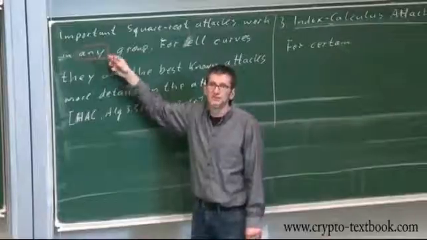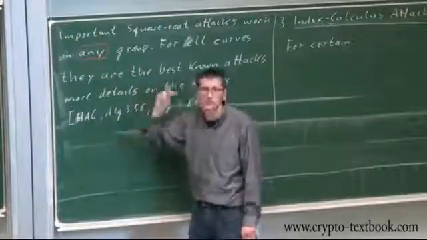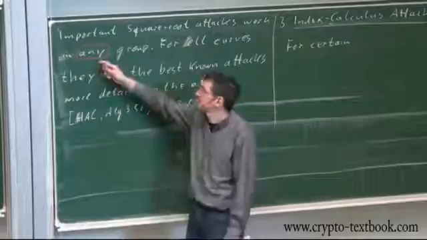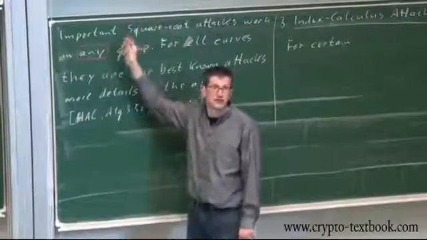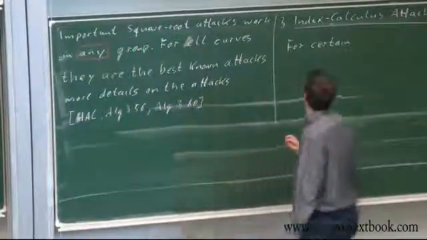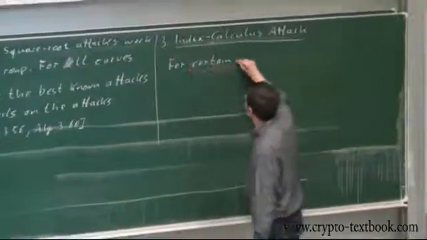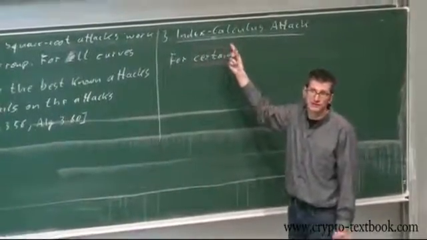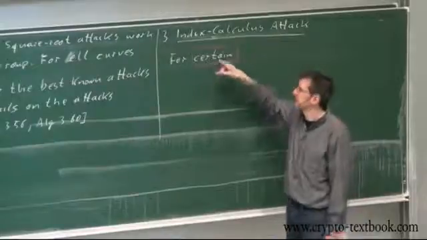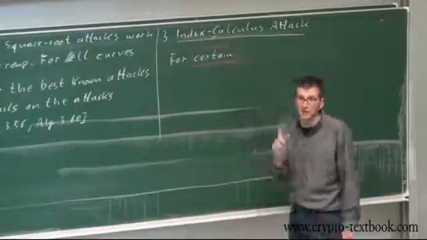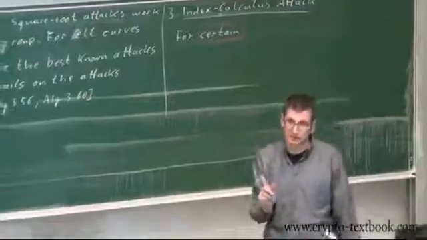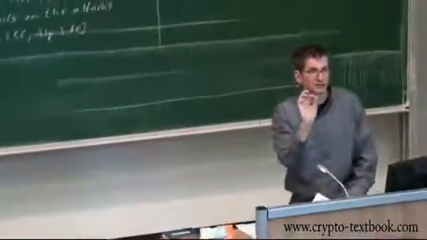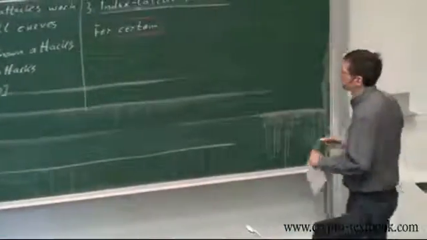This was for any group, for any discrete logarithm system, these square root attacks work, including elliptic curves. Here, there are super powerful attacks, which are called index calculus. It's a whole family of attacks, but they only work against certain types of discrete logarithm problems. So they're not general attacks. They're only specific to this crypto system.